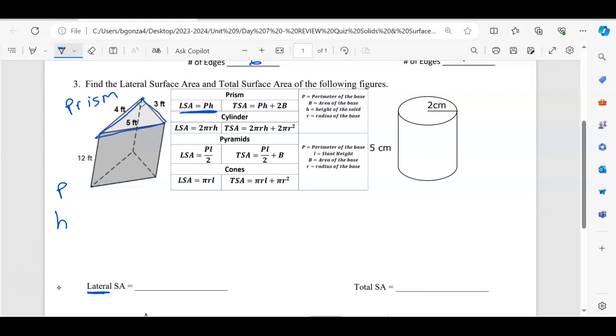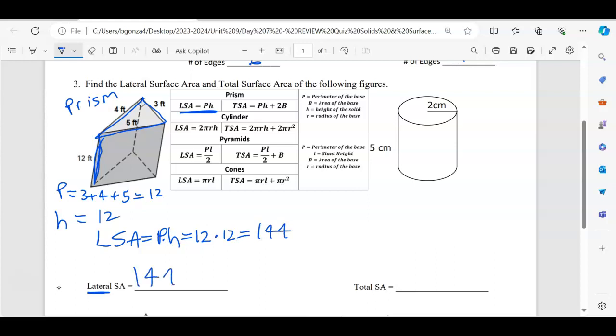The perimeter of the base, 3 plus 4 plus 5 is 12. The height of the whole thing is also 12. So for the LSA, it's PH, P times H. So 12 times 12 is 144. And that's going to be feet squared.